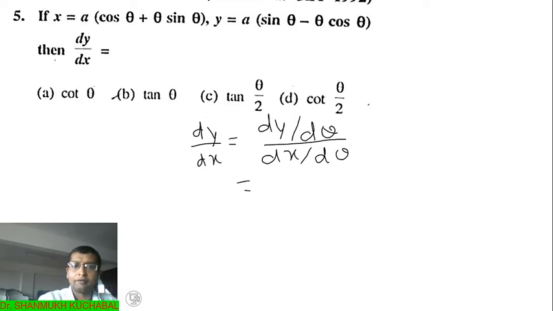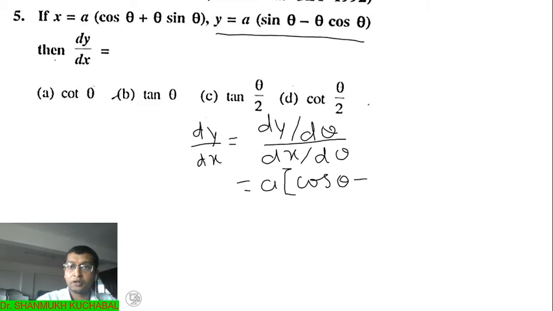Then y we have to differentiate with respect to theta, a as it is. So sine differentiation is a cos, and here we have to use the u into v rule, the product rule. First function as it is, second function differentiation is minus sine, minus into minus gives plus sine theta. Outside it is a minus, so I take a minus sign. Now cos theta as it is, and theta differentiation is 1.